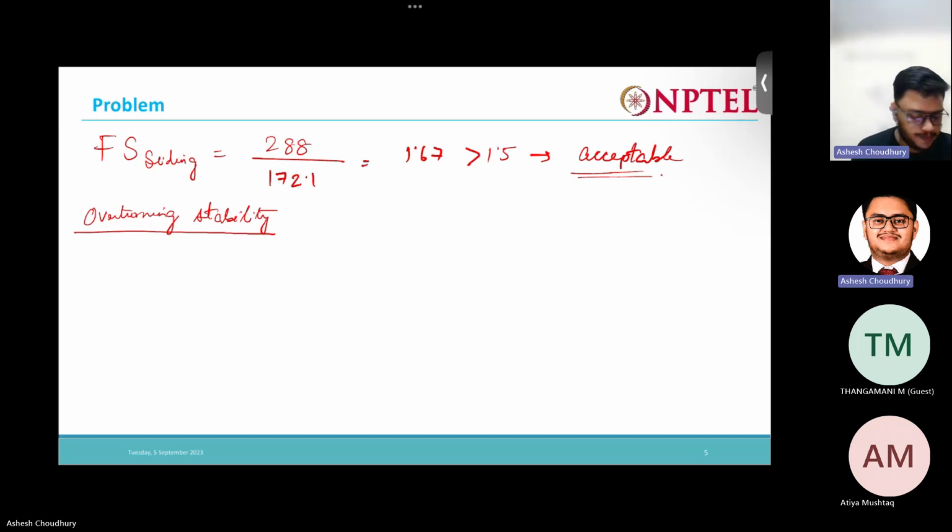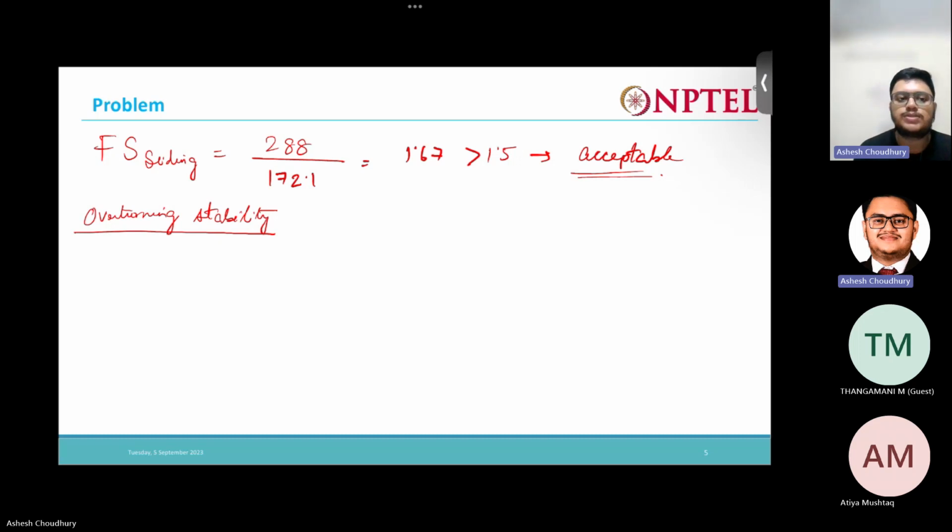This is the overturning stability. Generally, this overturning stability is not a problem for such reinforced earth walls, or mechanically stabilized earth walls, because it does not have the inherent flexibility to mobilize the bending.